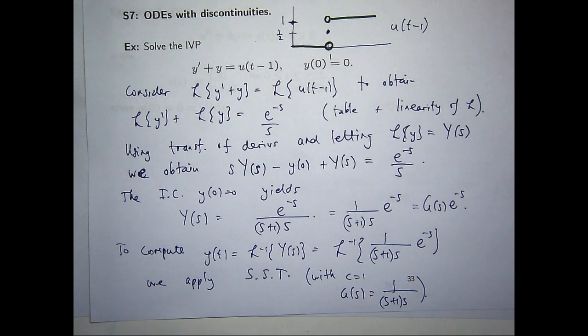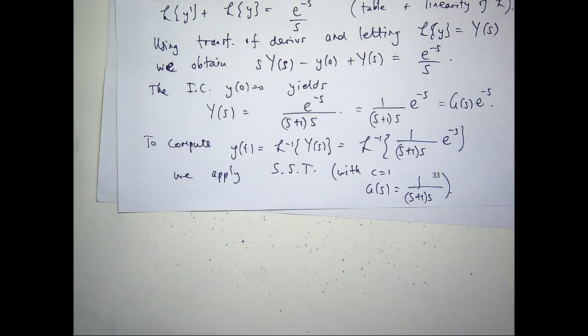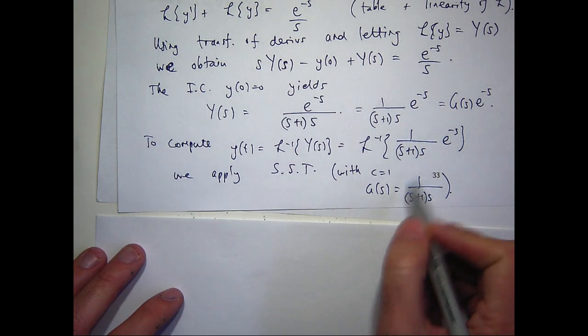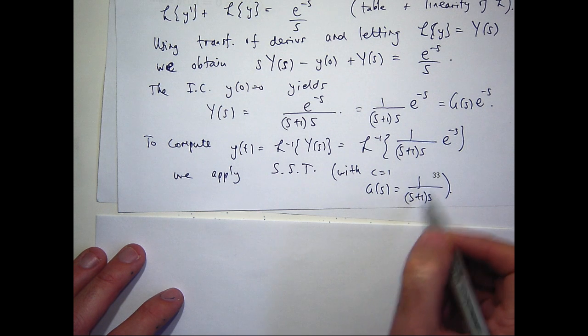So really what's driving the solution method now is let's calculate the inverse transform of big G, then shift it and multiply through by an appropriate Heaviside function. Well, how do we calculate the inverse transform of this?